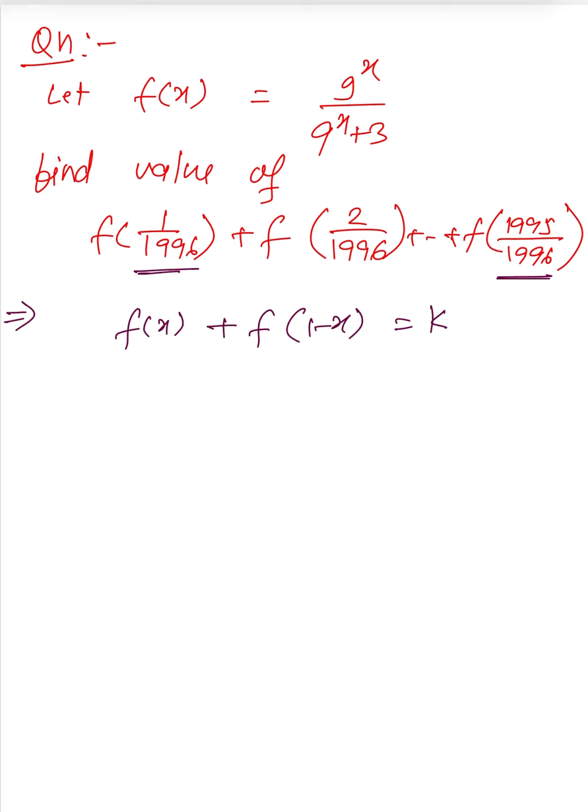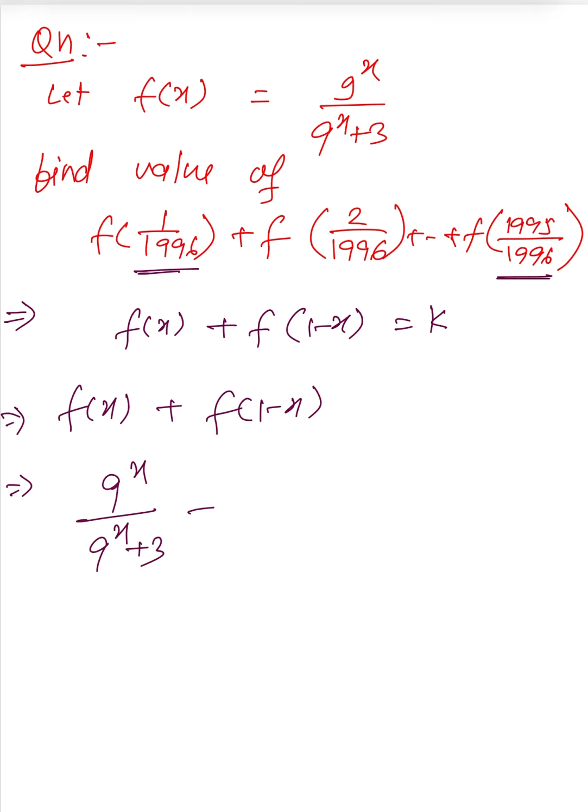So if you find f of x plus f of 1 minus x in this question, what you will get? 9 to the power x upon 9 to the power x plus 3 plus 9 to the power 1 minus x upon 9 to the power 1 minus x plus 3.